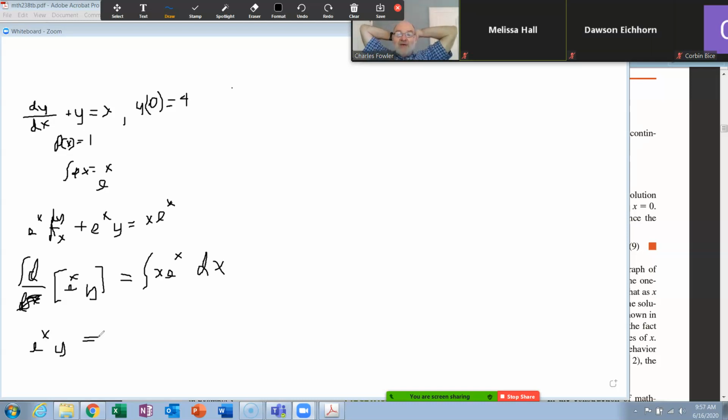We wound up with the same integral. It was a different problem. Does anyone remember what the integral of x e to the x is or was? If not, we'll redo it. Do you know? Don't remember? Would you remember the technique we used to get it?